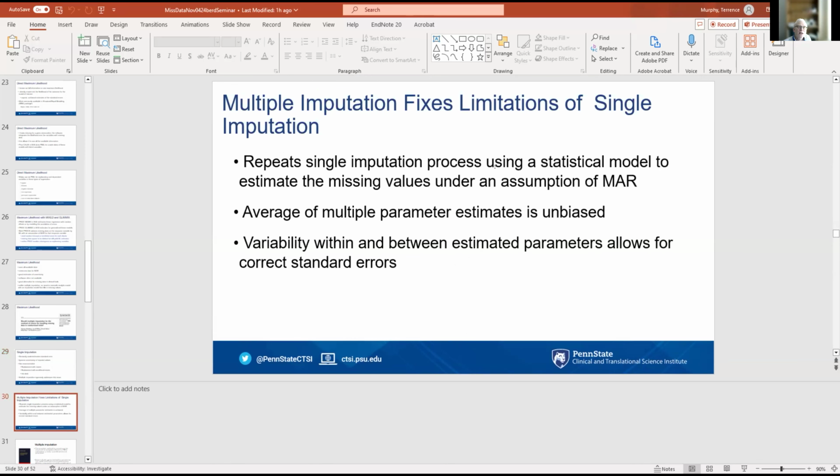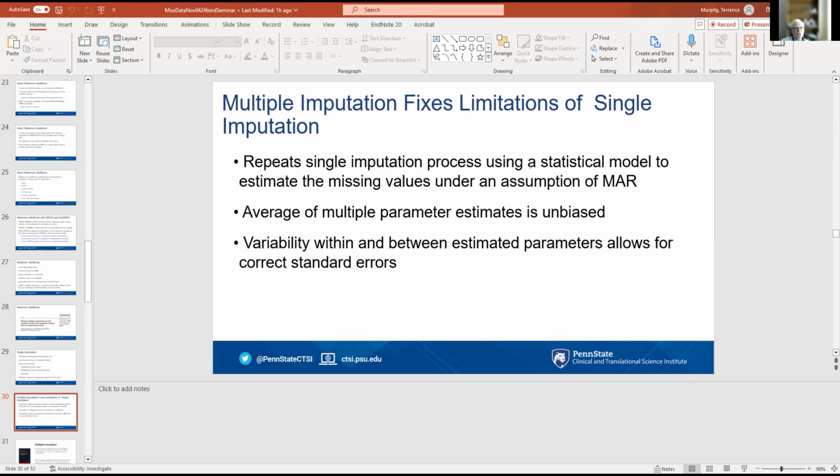How does it do this? Well, it constructs a new statistical model to estimate the missing values under an assumption of missing at random. So multiple imputation has a model that's generating the missing values, okay? What it does is it generates multiple sets of the data, and in each set of this data now, you can have different values that were originally missing.